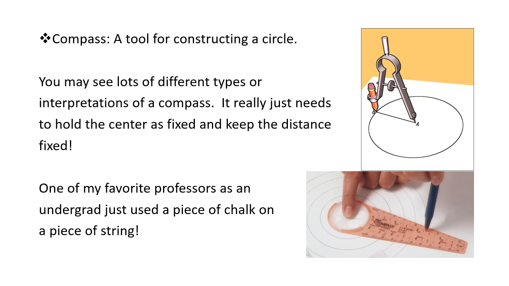And so he would have the chalk in the string and hold the string at a certain length and use that other hand to keep that radius fixed, and then use the one hand with the chalk to draw the circle out. Really, anything that can fix a center and keep a distance can be used as a compass. So all of those work as compasses realistically.